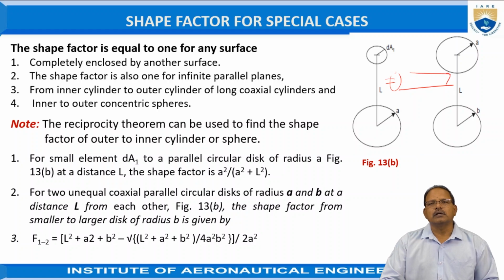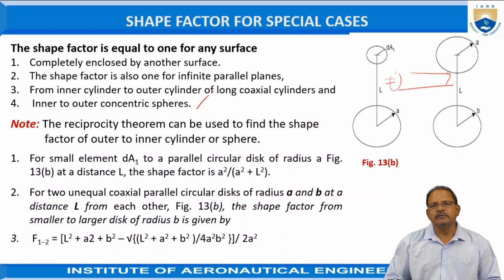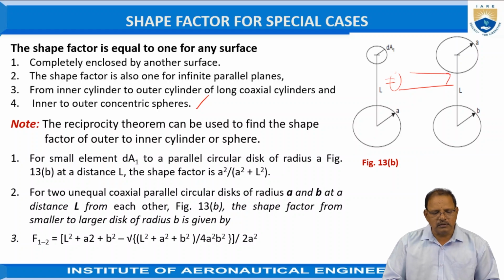For inner and outer concentric spheres, in that case also the shape factor is 1. So these are the cases in which the shape factor of two bodies is equal to 1. Note, the reciprocity theorem can be used to find the shape factor of the outer to inner cylinder or sphere also.